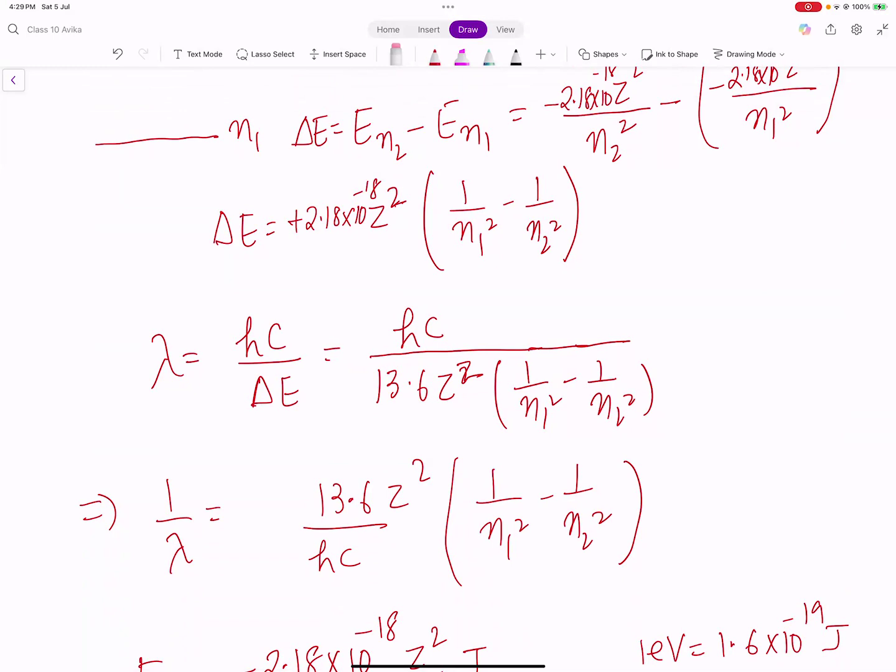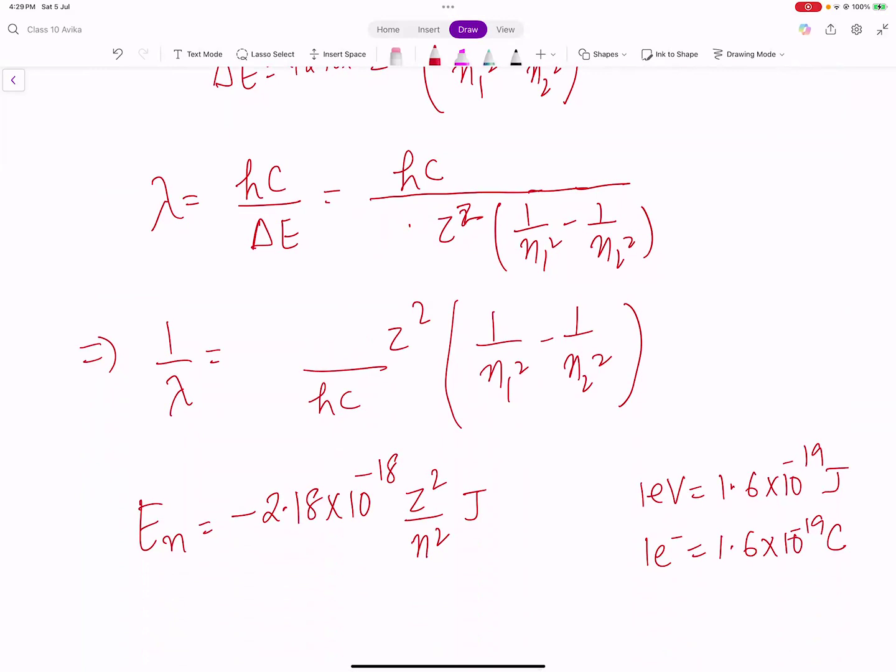I just wanted to show you from there where that 1 by lambda thing is coming. So where will 2.18 into 10 to power minus 18 appear? In 1 by lambda, here it will appear. See? So this has appeared. One second, I'll just check, and we can do the eVs also.